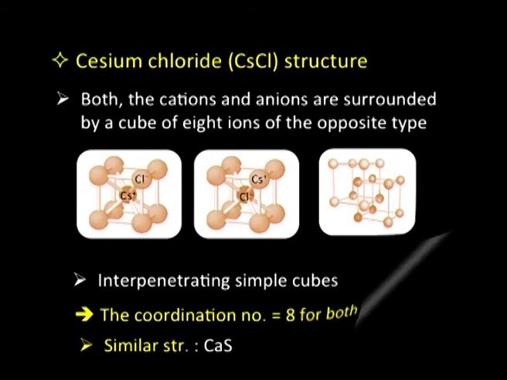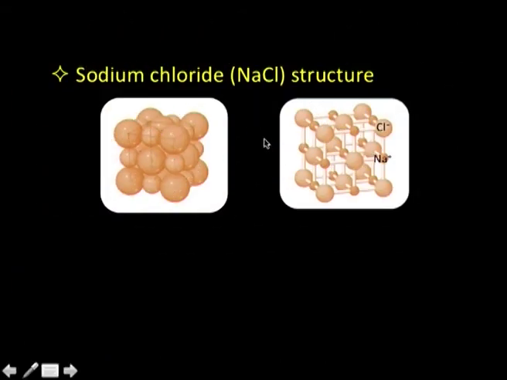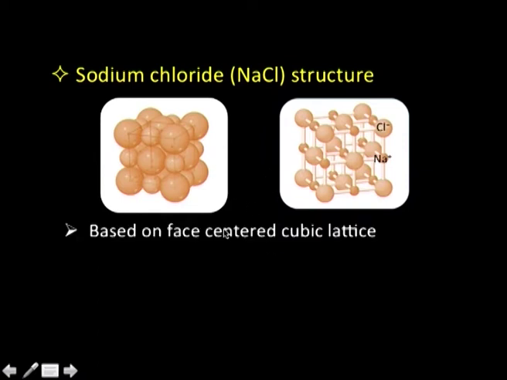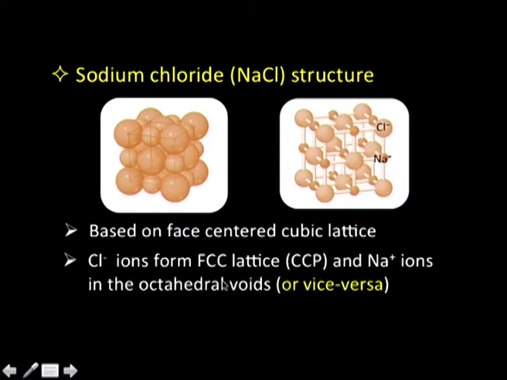Let us take up the second one, the sodium chloride structure, which is very familiar to you all. The sodium chloride structure is based on the FCC lattice, and in this case the chloride ions form the FCC lattice, that is they are the CCP sites, and the sodium ions are in the octahedral voids, or vice versa.